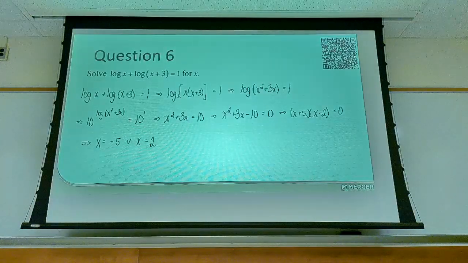If it was, you'd have log of -5, which you can't have. By the way, it's also not in the domain of the other one. -5 plus 3 is -2. That also clearly doesn't work. So -5 is out. What about 2? Can 2 be a solution? Yes.